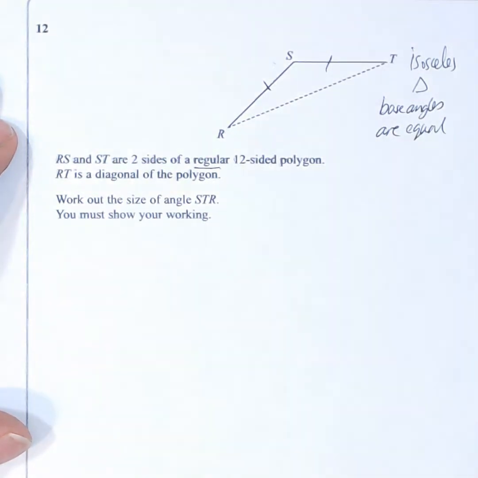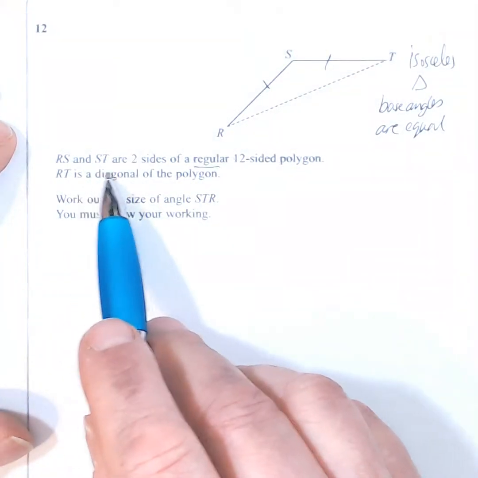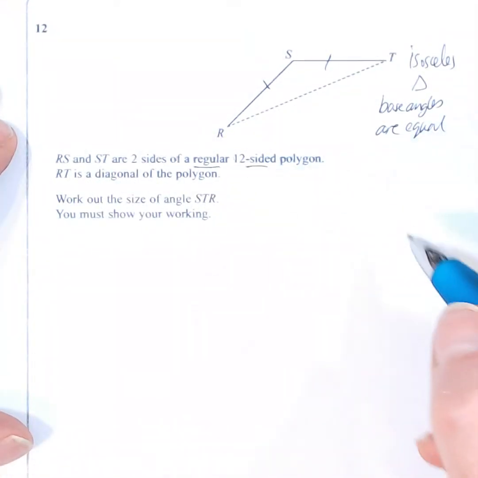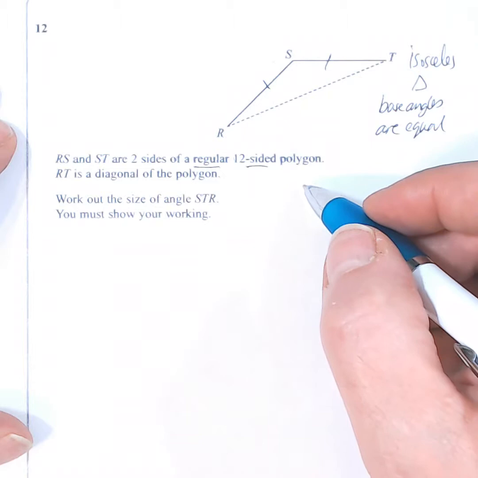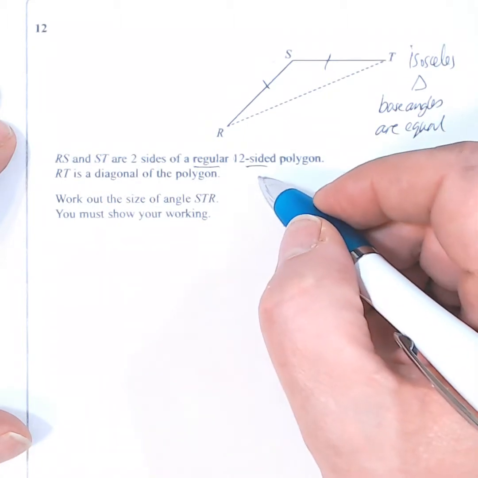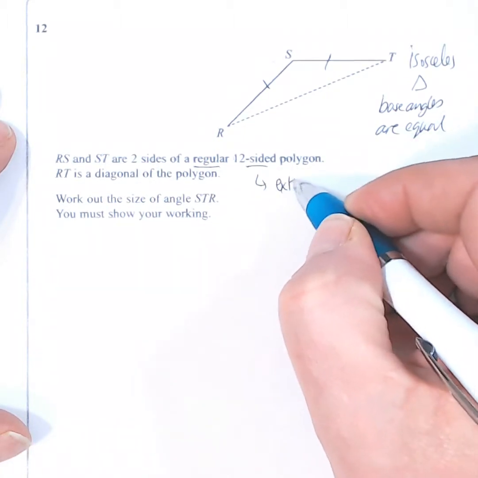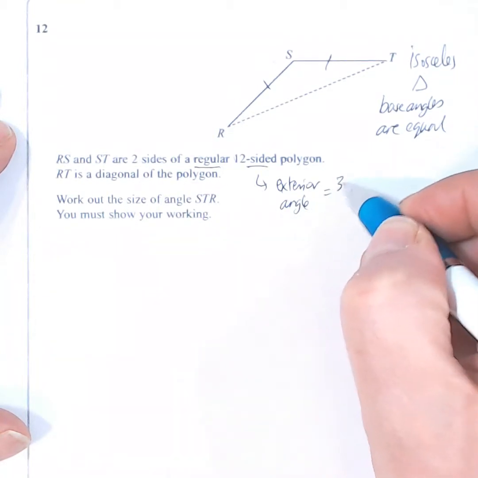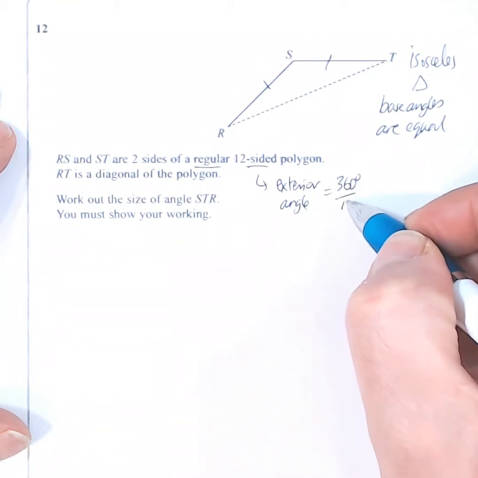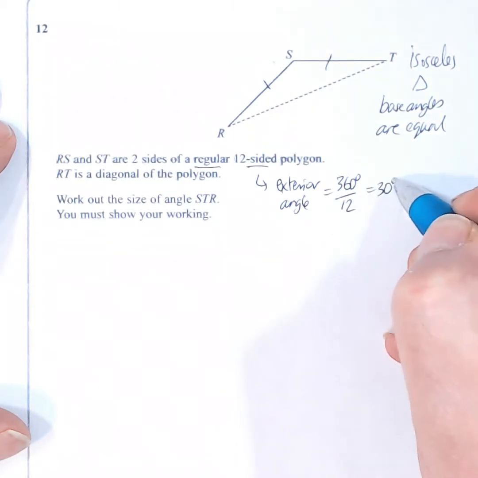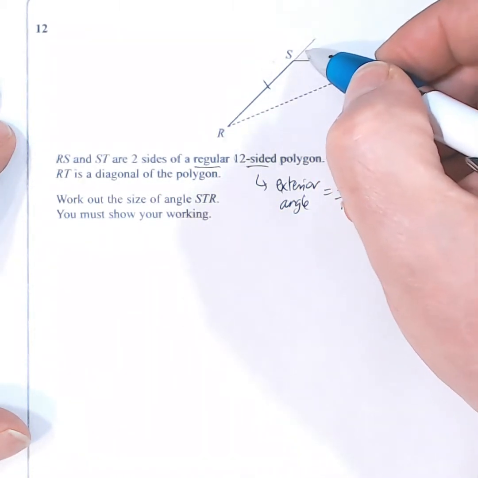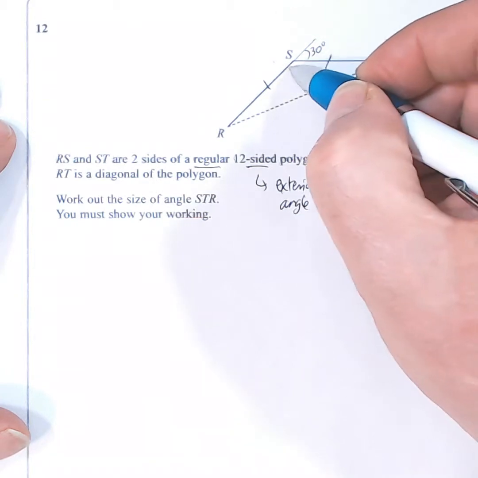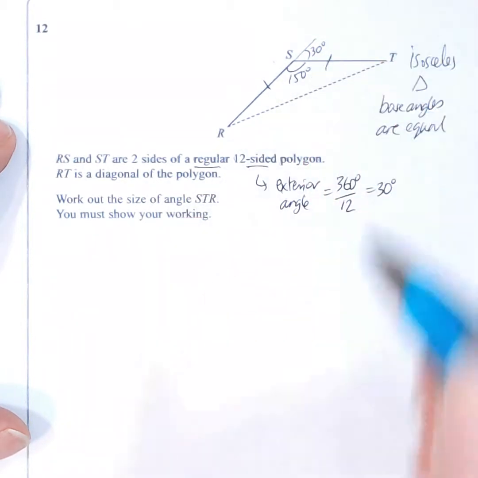So that might be useful. It's telling us that it's a 12-sided polygon, so we can work out the exterior angle because it's regular. So that's 360 degrees divided by 12, so that's 30 degrees. So we know then if we extended that, that would be 30 degrees, so this must be 150 degrees.